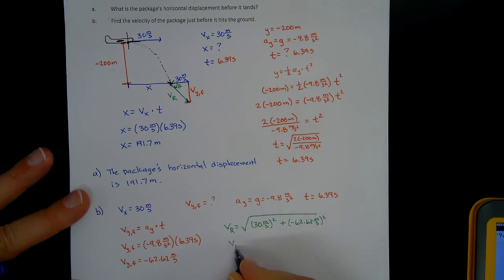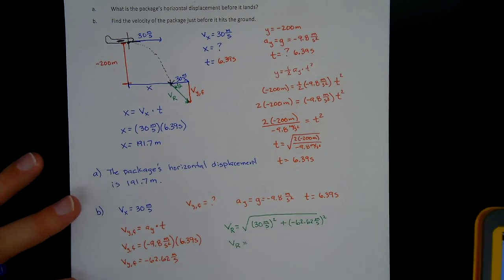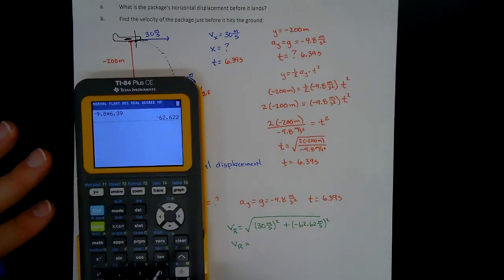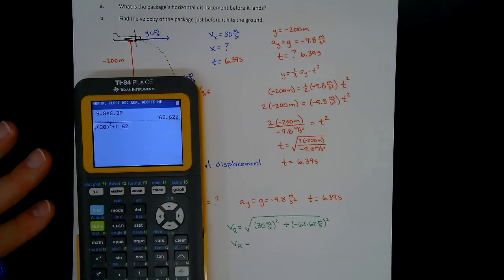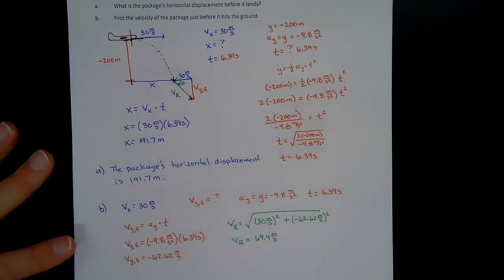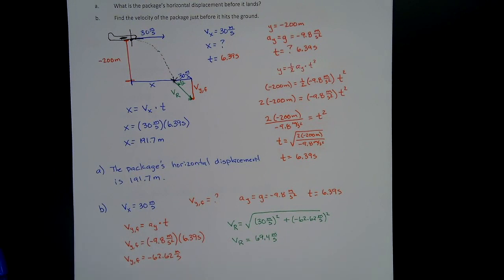We put that into our calculator: square root of 30 squared plus negative 62.62 squared. And we get 69.4 meters per second. So that's the velocity of it going in the direction it's traveling.